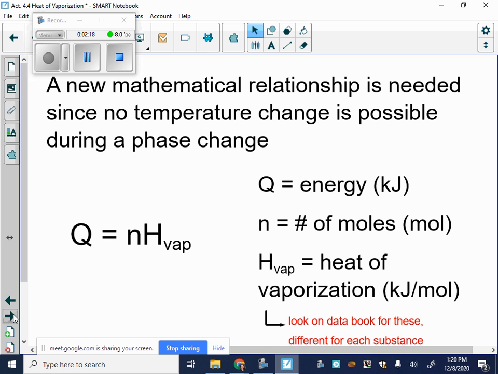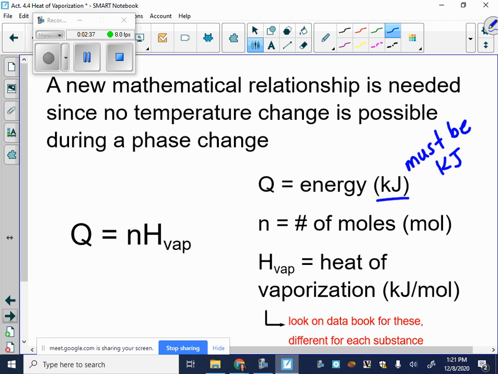All right, so our new formula that we need to know is Q is equal to n times HVAP. Q is energy in kilojoules, and it has to be kilojoules. Okay, if it's in joules, you need to convert it to kilojoules.